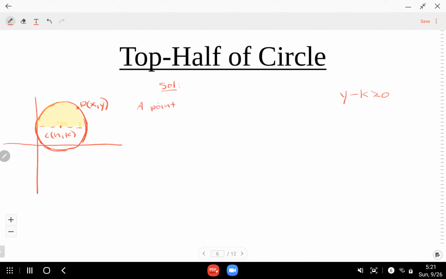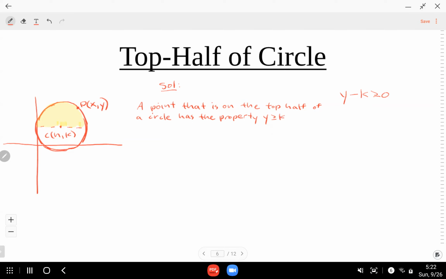A point that is on the top half of a circle has the property y is greater than or equal to k.